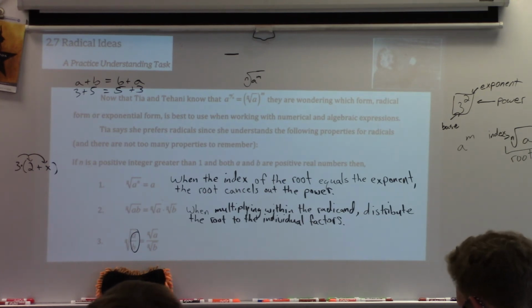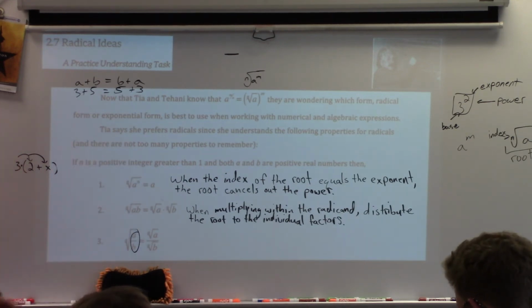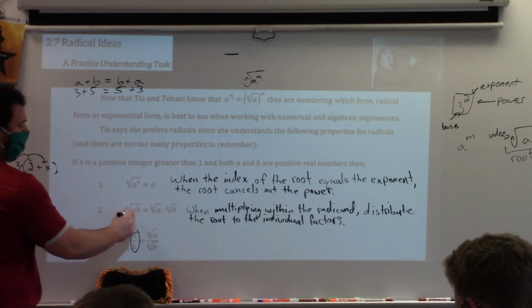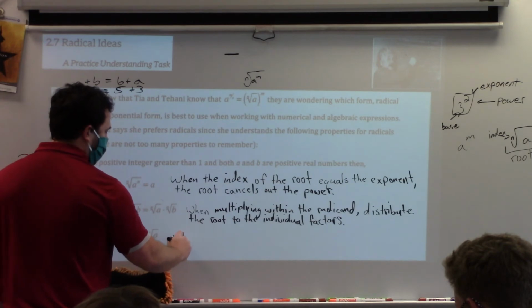That's basically it. We usually think about factors with multiplying, but technically division is a type of multiplication. But when dividing within the radicand, I would say maybe distribute the root to the different terms. I usually leave the term factor for just when we're multiplying. That's the only thing I would change, right?